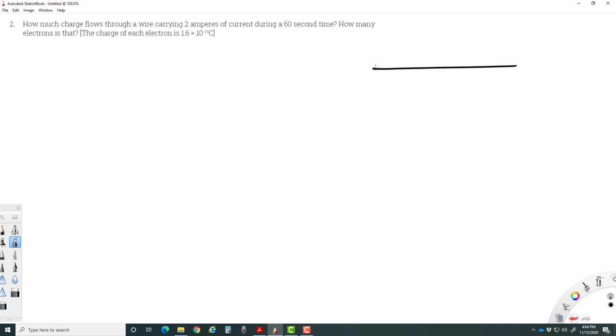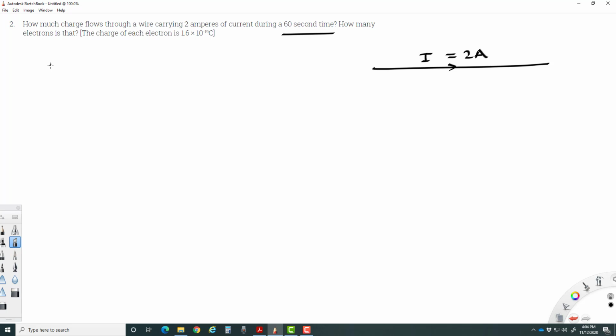So they have a wire that is carrying some current, 2 amperes, and current means there is flow of charge in this wire, and we want to know how much charge is flowing in 60-second time.